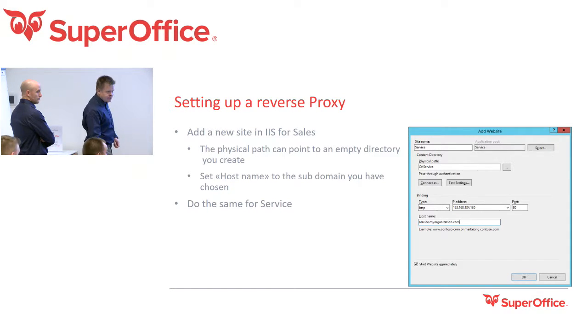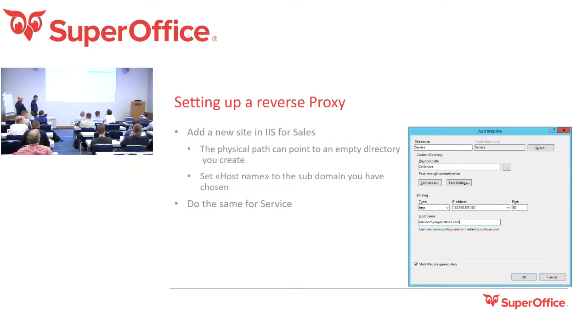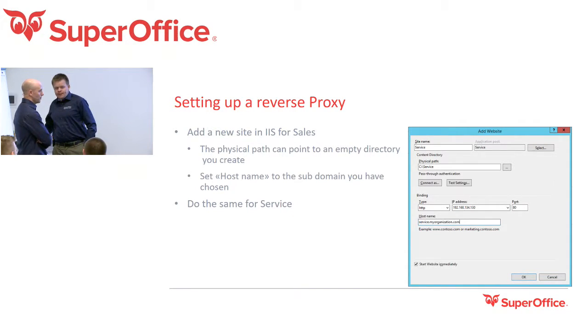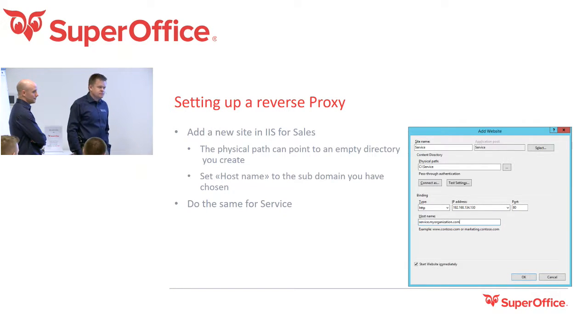Did you ever try SuperOffice with other reverse proxies? I mean, like Linux-based reverse proxies? No, I haven't tried that myself, but it should work. It's kind of best practice to keep on Microsoft. That's SuperOffice and Microsoft, the company.